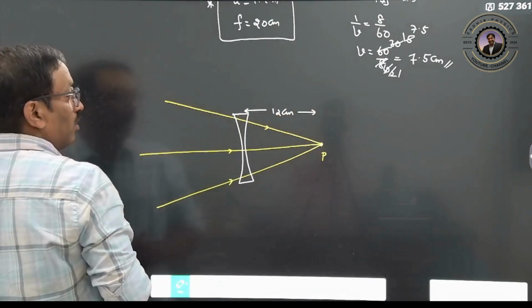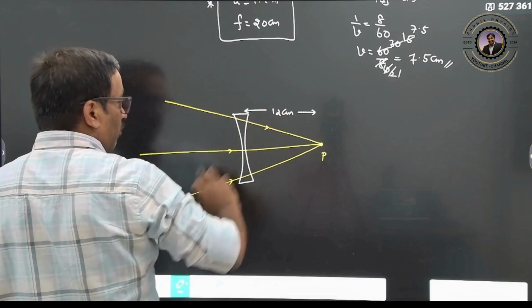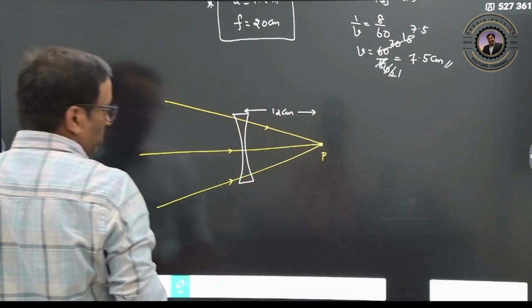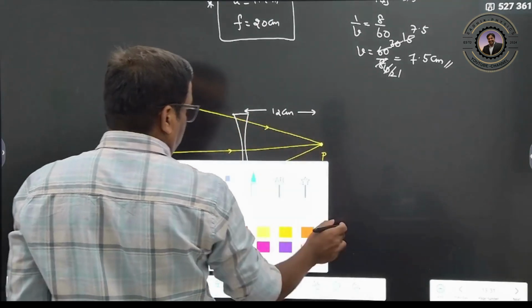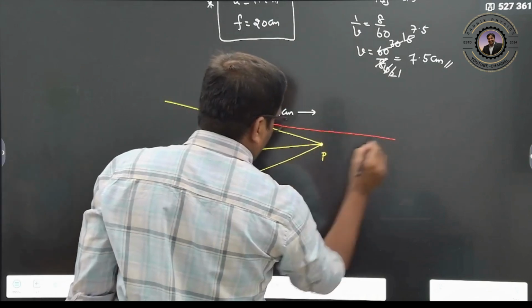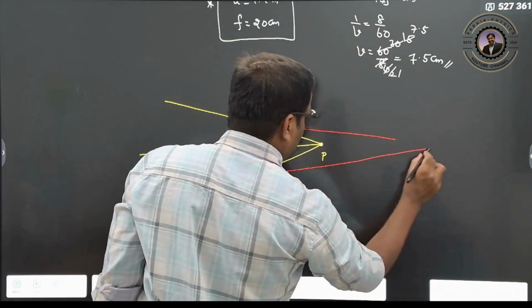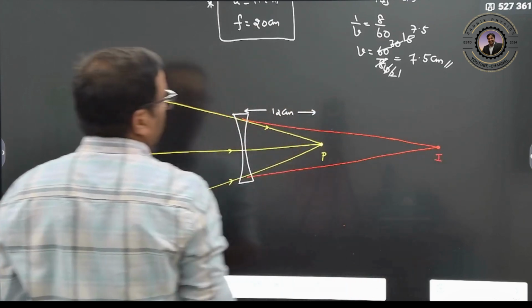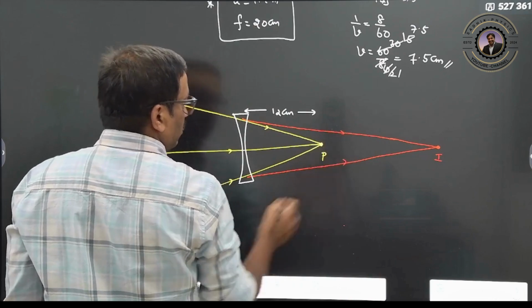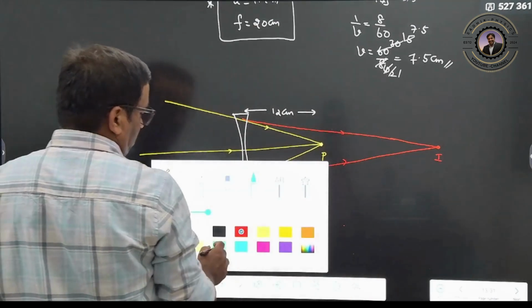Clear? Now this is your diverging lens, so it is not allowed to converge as much. The final image will be formed maybe somewhere here. Why? Because it will converge the least. Let us find this value.